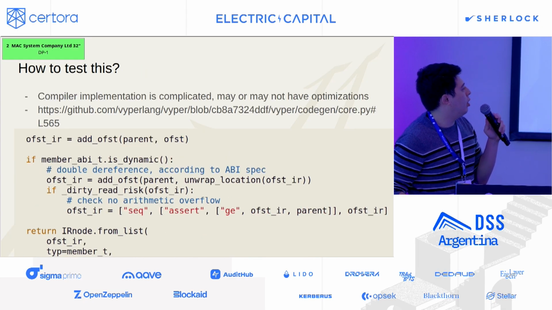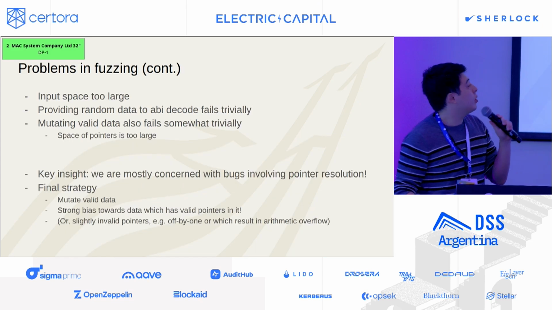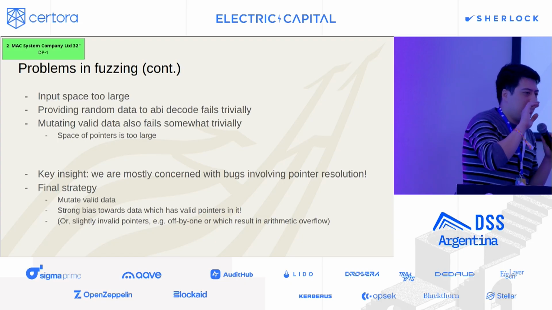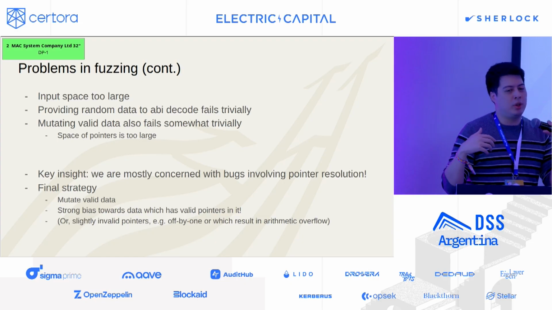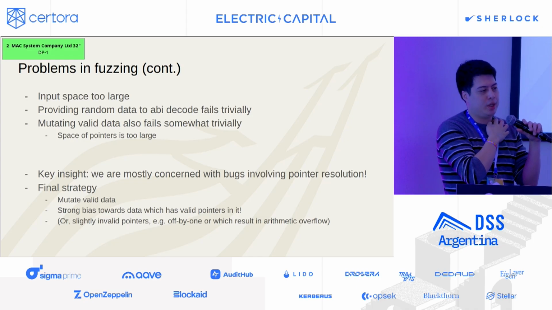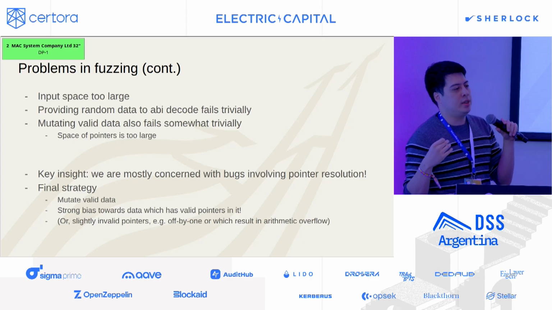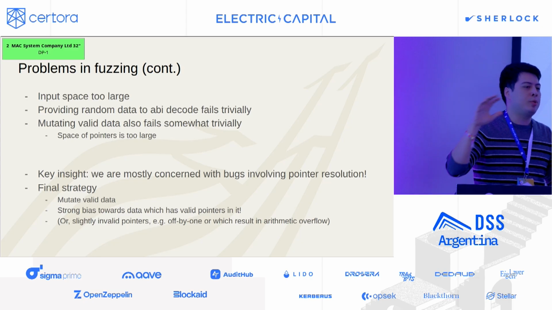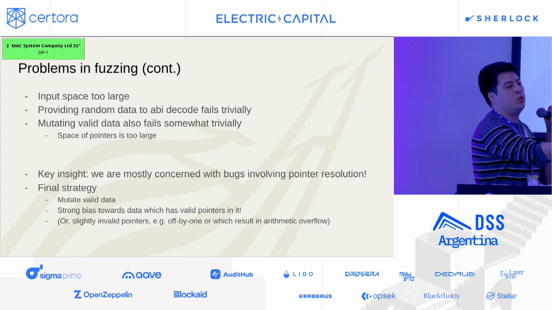Why is this actually interesting? The interesting thing is that doing this the naive way, where you just feed random data to both of these implementations, doesn't really work. And the reason is that the input space is absolutely massive. Right? If you take that bytes example, that's like 128 bytes.